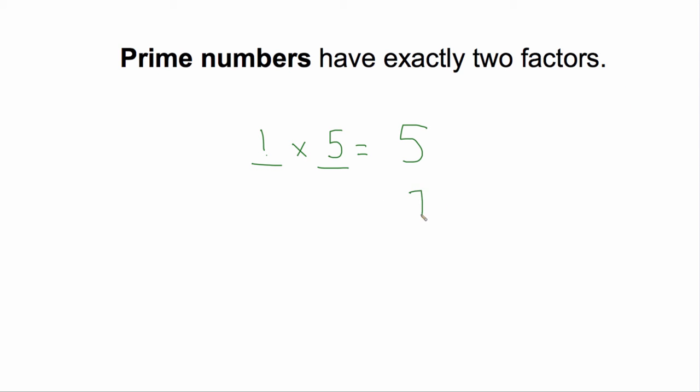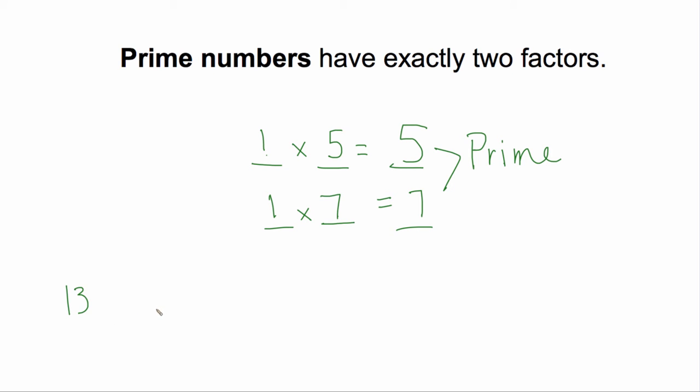7 is another number. If you think about what times what can give you 7, only 1 times 7 gives you 7. There's no other combination of numbers you can multiply. When this is the case, when there's only a 1 times itself, these are prime numbers. Some other examples of prime numbers would be 13.